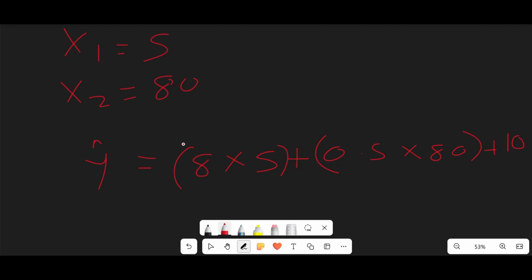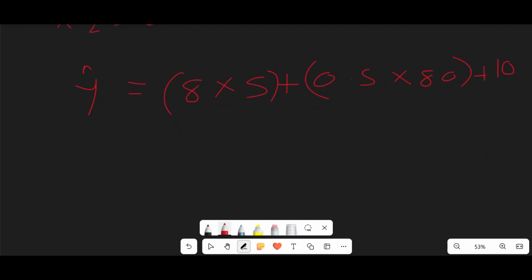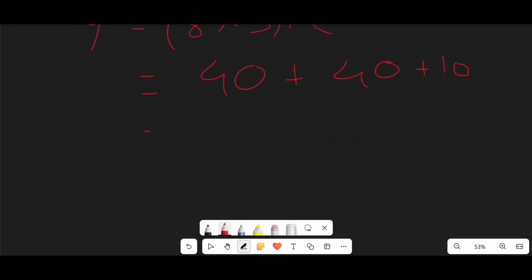So our calculation becomes 8 into 5 is 40, plus 80 into 0.5 is 40, which is 80, plus 10 is 90. In that scenario, the student will get 90 marks.